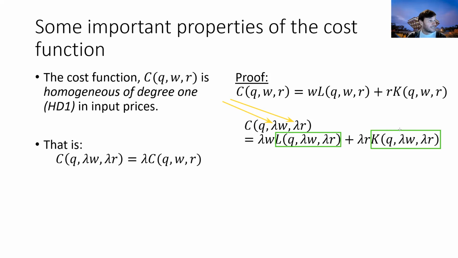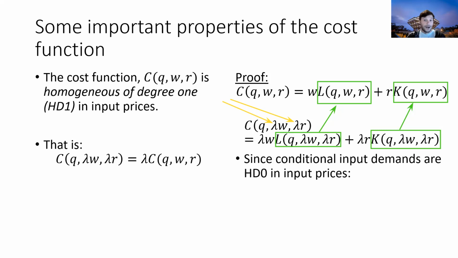Yeah, they are exactly the same as the labor and capital values above that are not scaled by lambda. So the labor values in the green boxes are equal to each other. The capital values in the green boxes are equal to each other. Because the conditional input demands we just argued are homogeneous of degree 0.